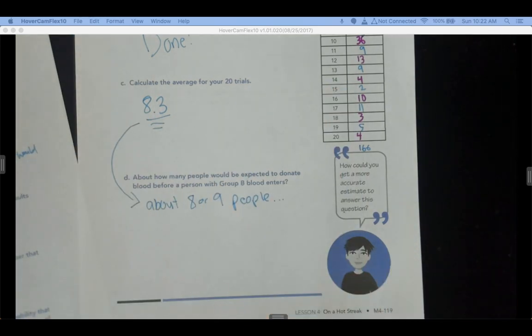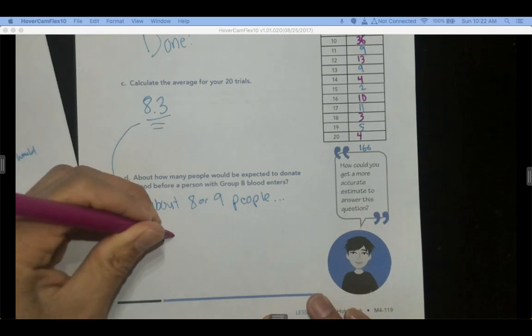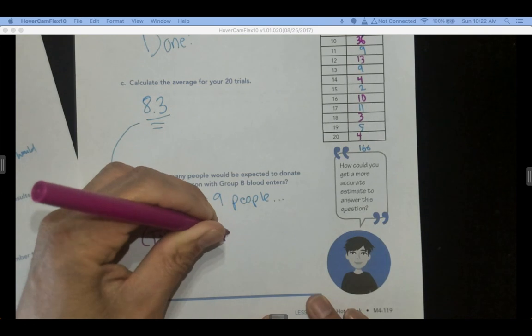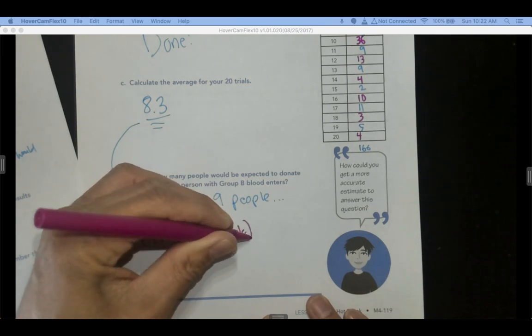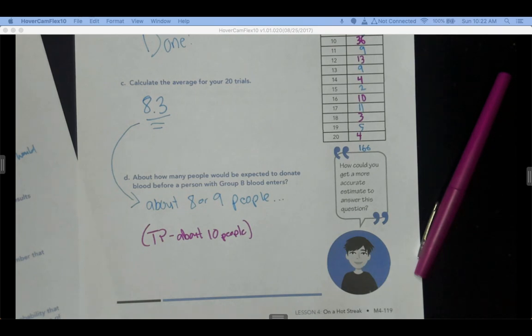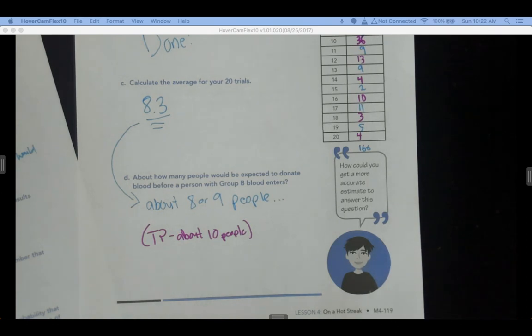And just to let you know, the theoretical probability for this one is about 10 people. So for this one, our experimental probability with our simulation was closer to the theoretical probability.